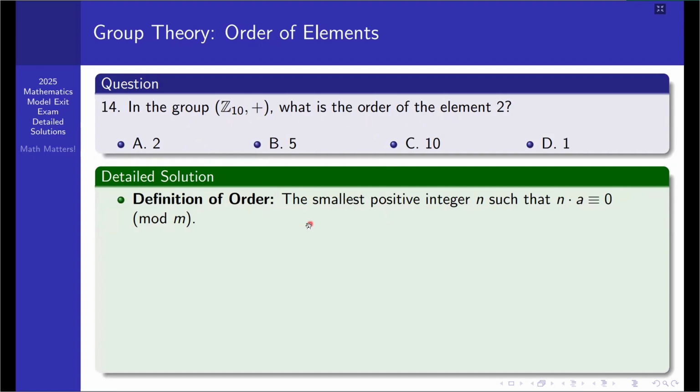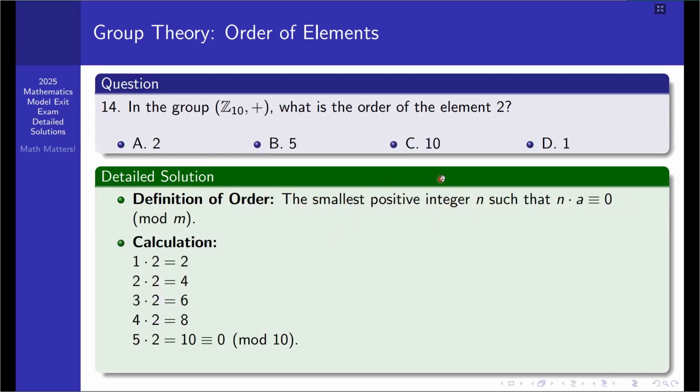The order is the smallest positive integer n such that n times a is congruent to 0 modulo m. We may have more than one value for n, but we should take the smallest one to be the order of the given element.